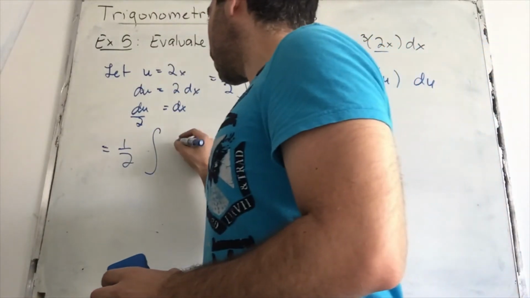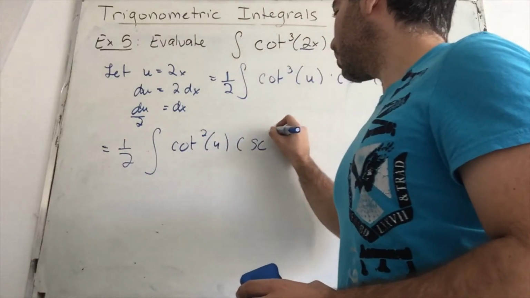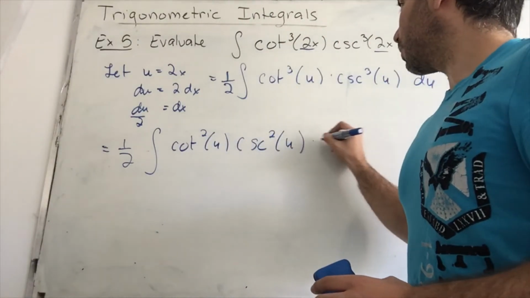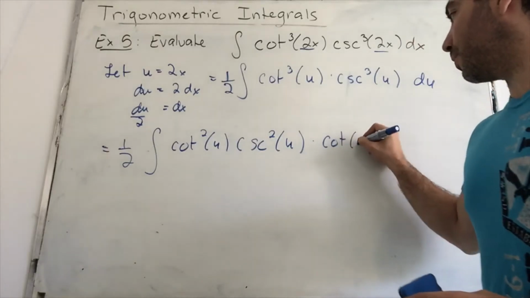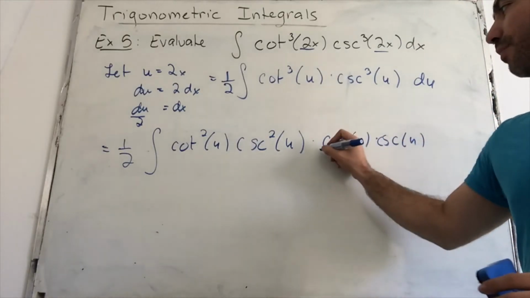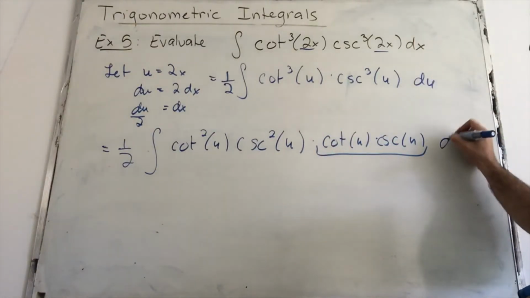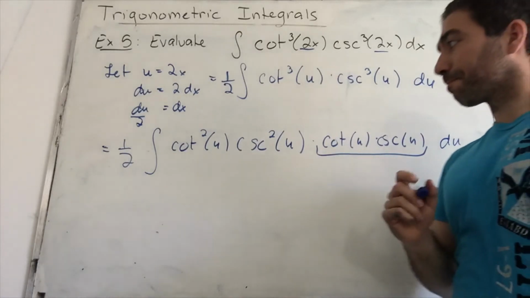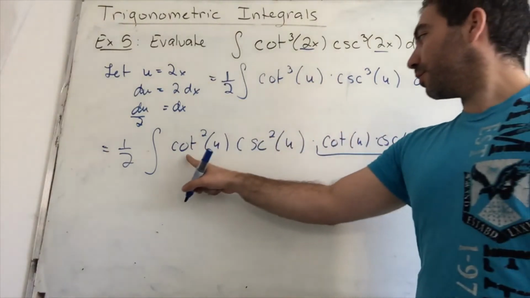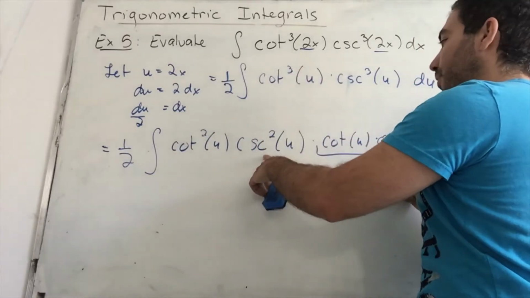So we have cotangent squared of u, cosecant squared of u, times cotangent u, cosecant u. Again, you don't have to do this, but this is just to emphasize the fact that this is going to cancel du. And this is the same as this, right? If you multiply these two, you add the exponents, you get back what you started.